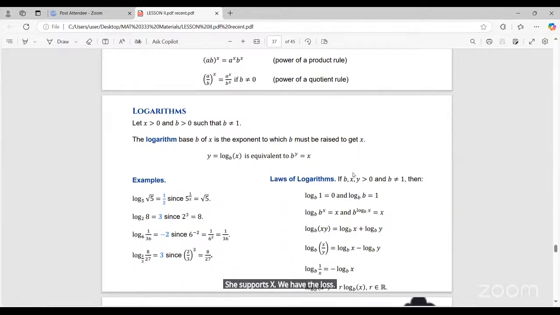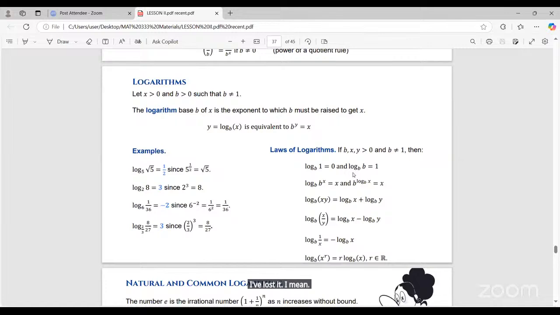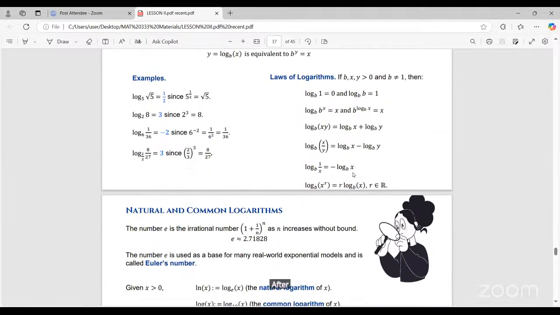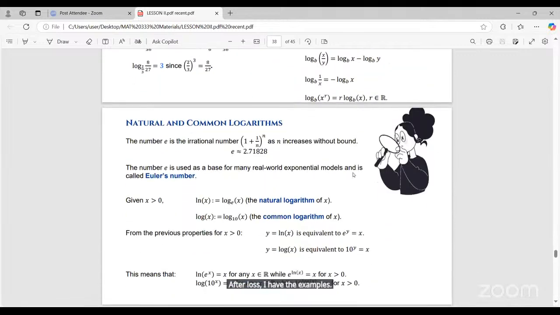We have the laws there, and we have some examples which you can also look at.